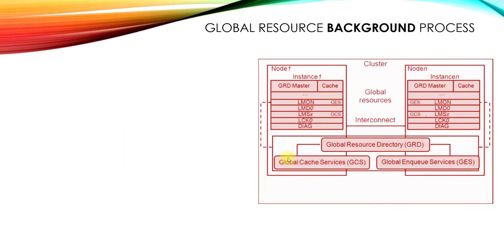So let's see about the different background processes, because we know that the Oracle database instances, in the RAC environment as well, on different nodes, consist of memory structures and background processes. Background processes are very important.